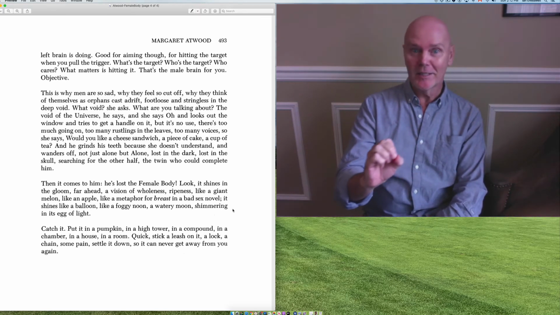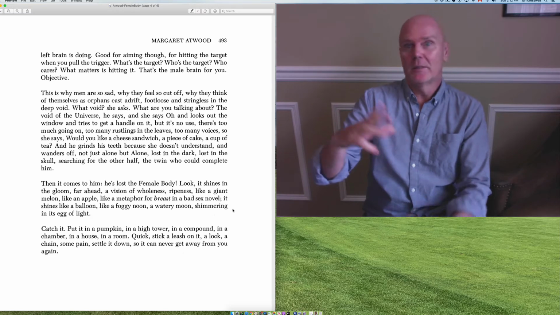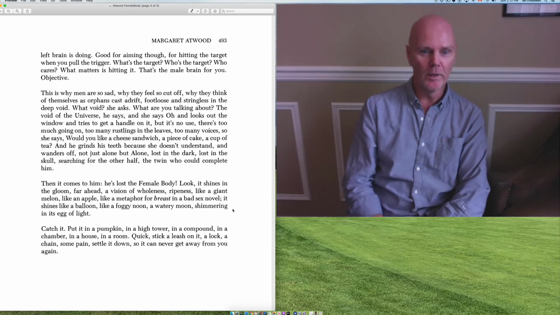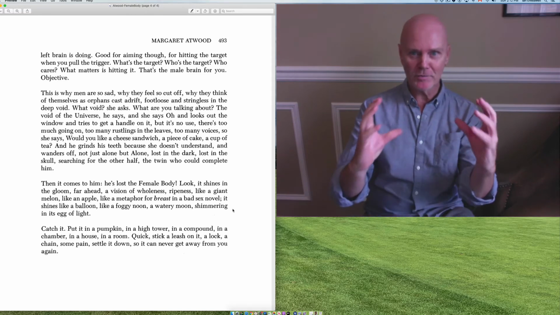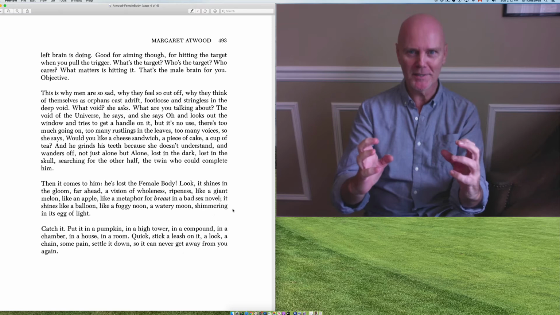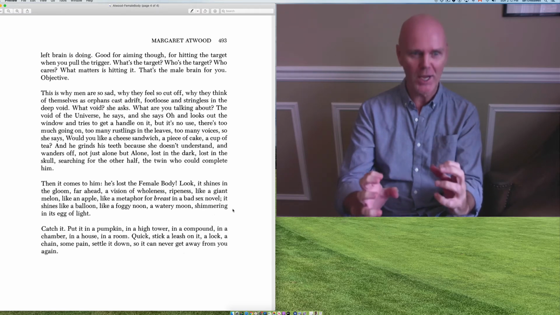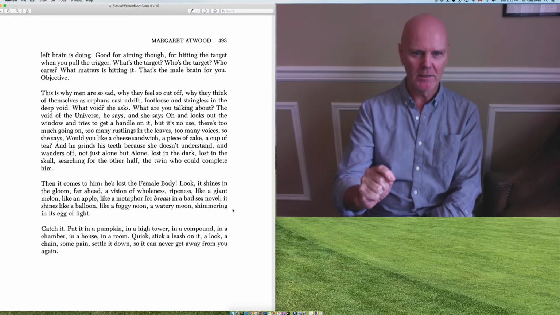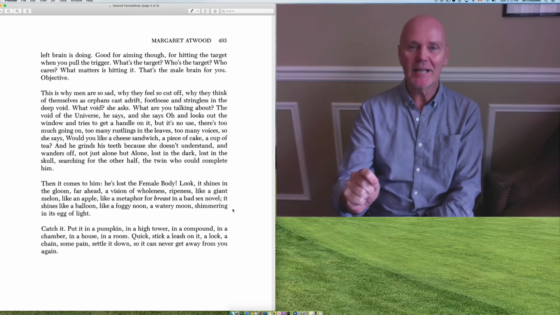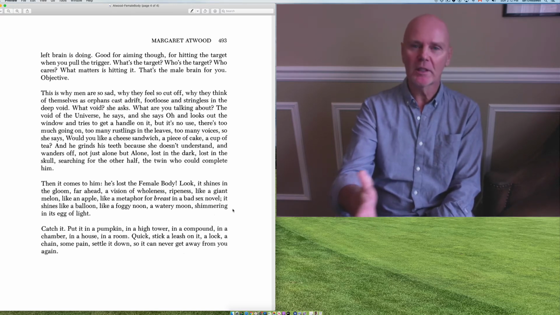It shines like a balloon, like, well, it could be anything, a foggy noon, a watery moon, shimmering in its egg of light. Catch it. And everything now is reduced down to that impersonal pronoun object. Put it in a pumpkin, in a high tower. You know what you're thinking now? You're thinking fairy tale.